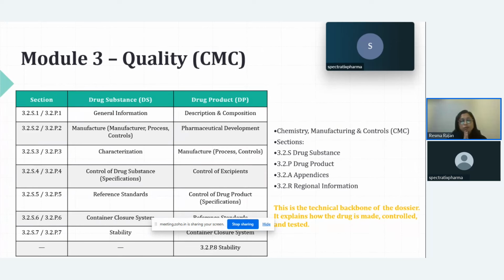So then what we do is, EDQM, I mean, there are other regulatory authority approved labs which will give the reference standards. For those standards, for example for albumin or IVIG, there are certain specification parameters to be passed. You should test those parameters, and then they should be within the limit. Then only you can release the product, right?